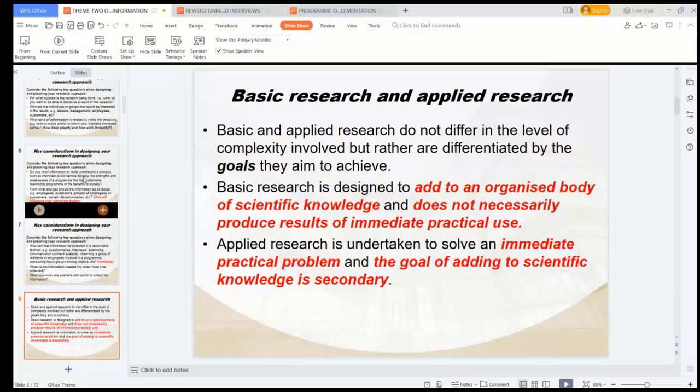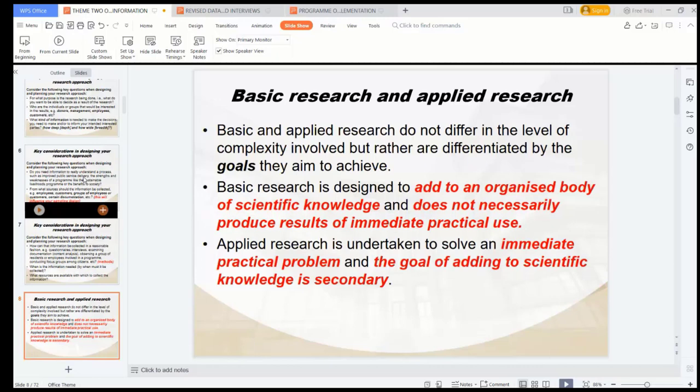But applied research is undertaken to solve an immediate practical problem, and the goal of adding to scientific knowledge is secondary. In the process of doing that, the outcomes and the results also add into the body of knowledge.